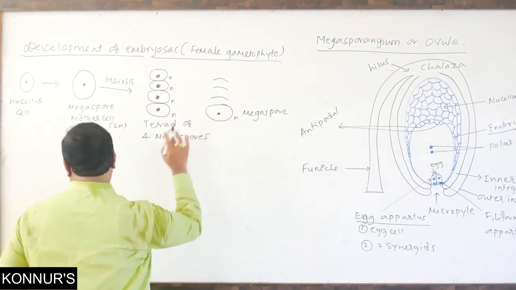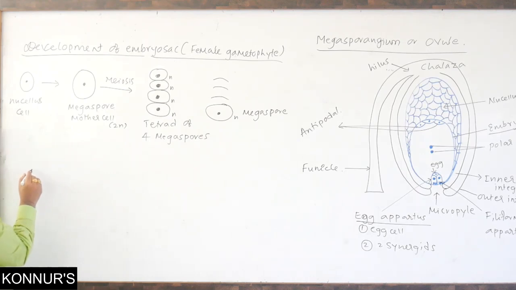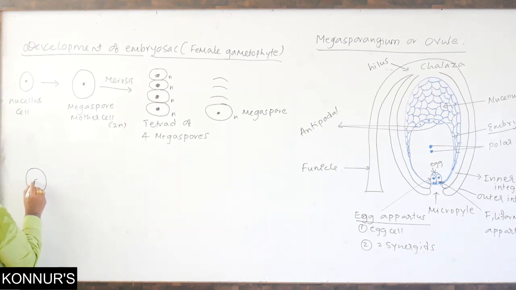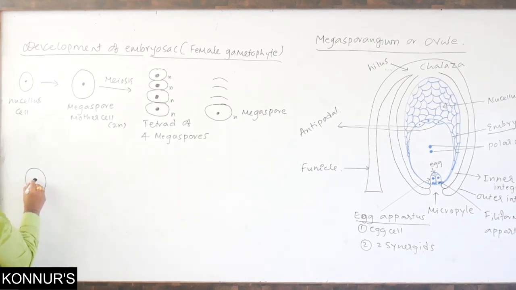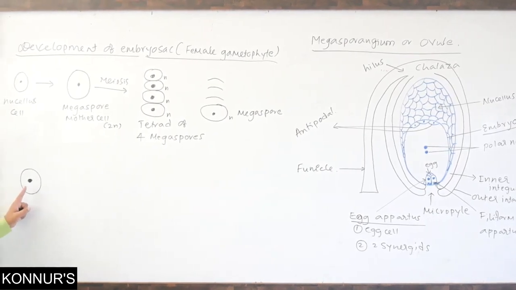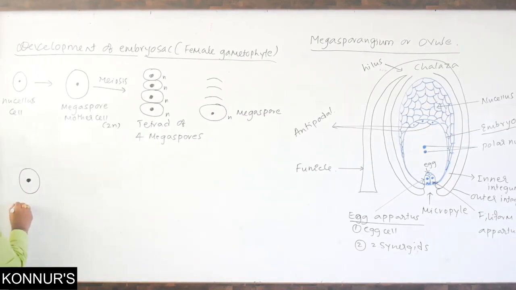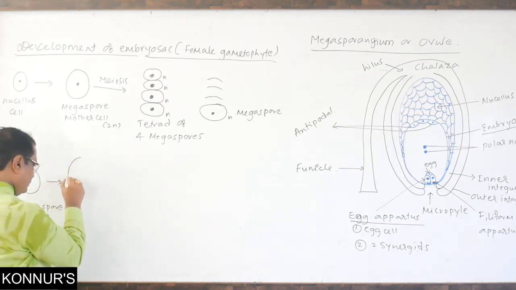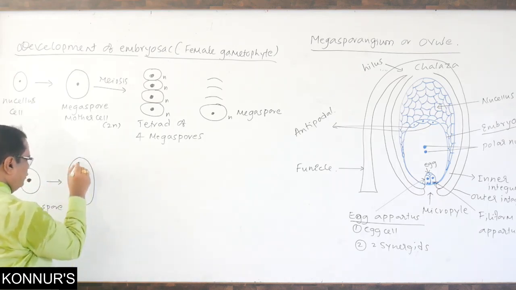Let us go with this megaspore. It is having a haploid nucleus. This is megaspore. And the nucleus, haploid nucleus, which is present inside, now divides into 2.